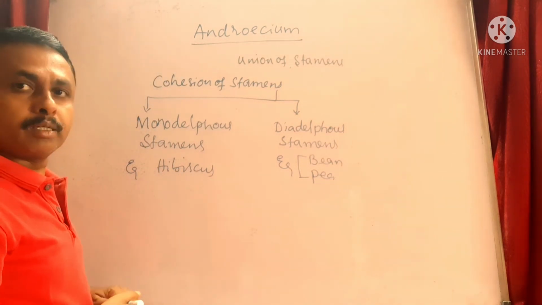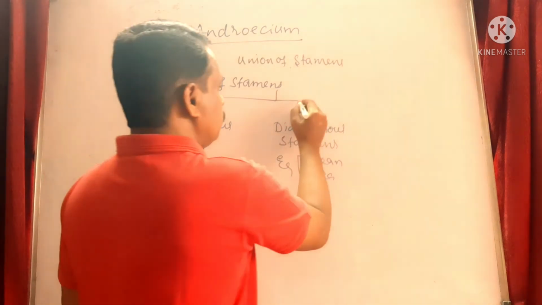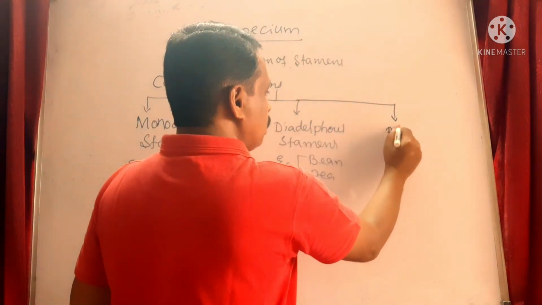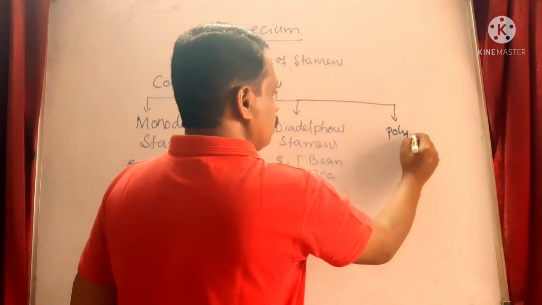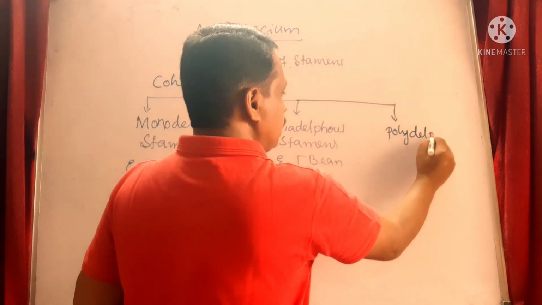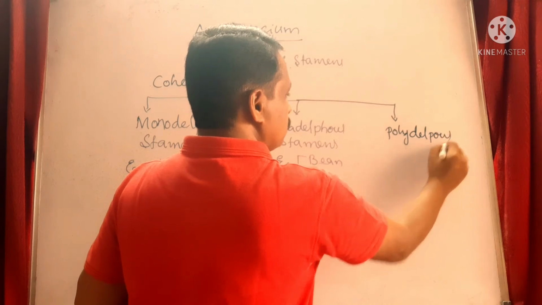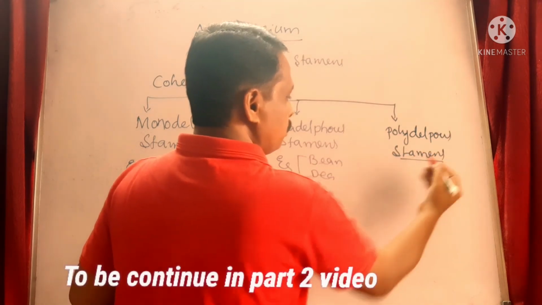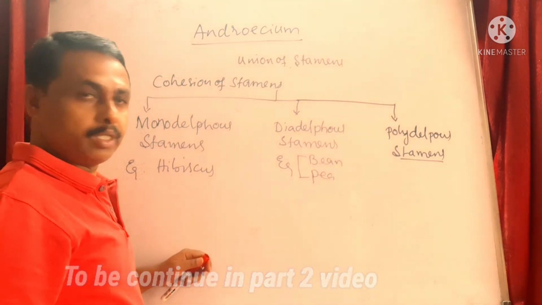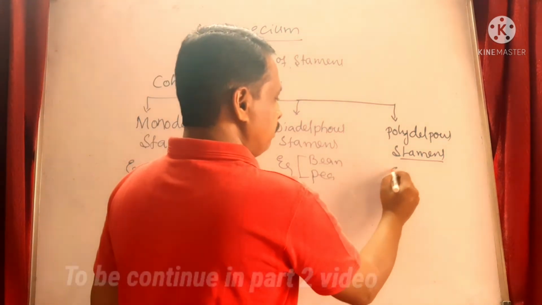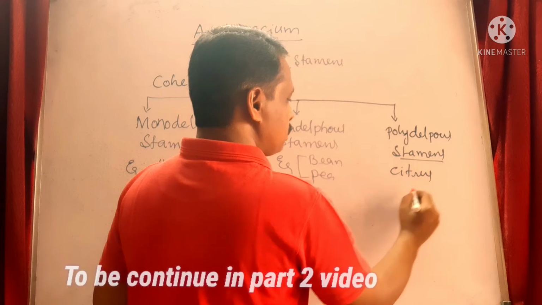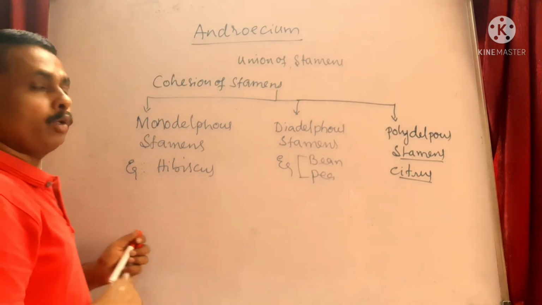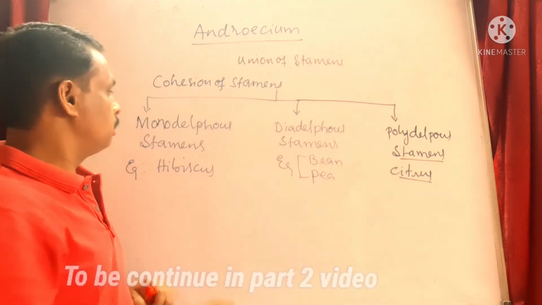Next one is polydelphous stamens. That will be seen in citrus. So these are the different categories under the cohesion of stamens.